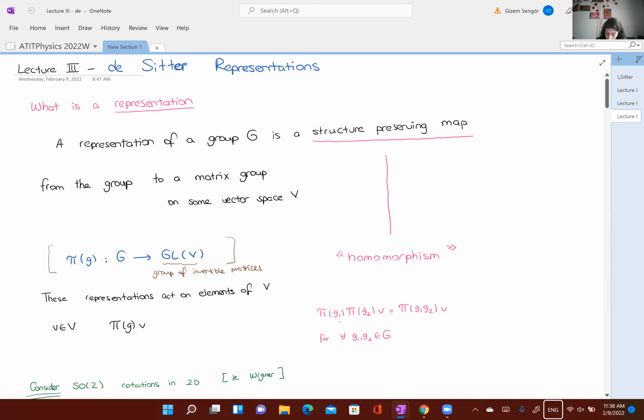If you take two group elements, and look at the representations of these group elements and perform this operation, these representations act on the elements of the vector space that is involved in the map. So the product of two representations gives you another representation such that the entries follow this structure. So it's the structure that is preserved.